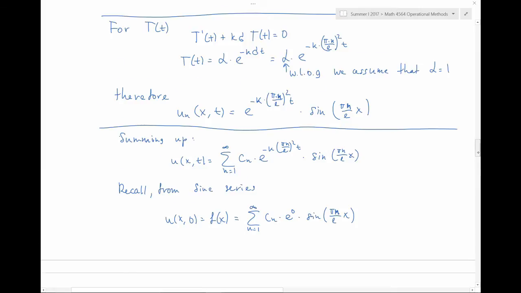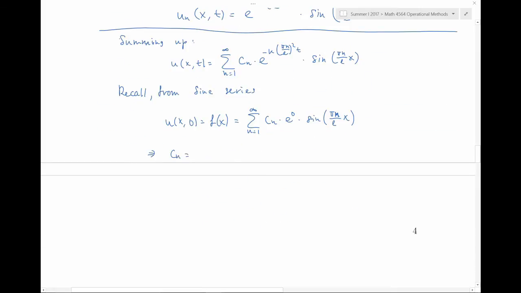This means that C n is simply 2 over L integral from 0 to L of f of x times sine pi n over L x dx. It is simply the sine series for the function f of x, and once we obtain the coefficient C n, we add up the functions and we get our solution.